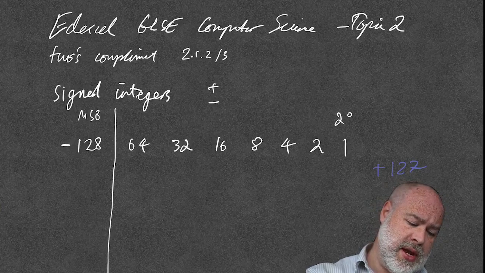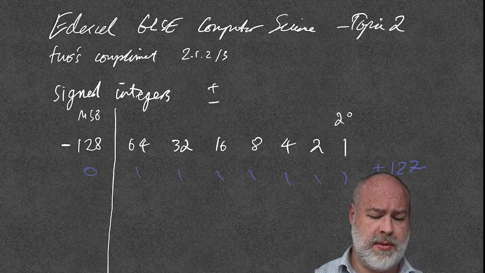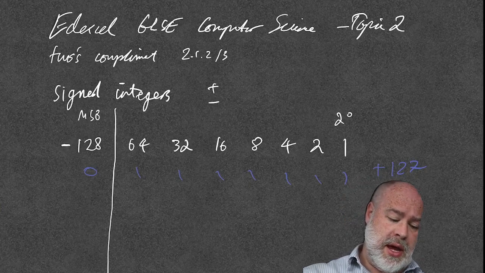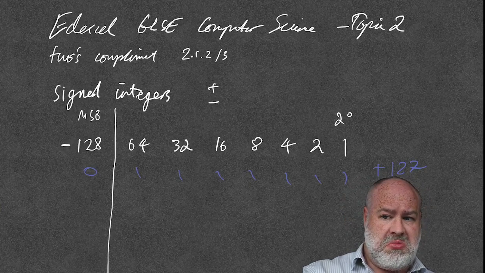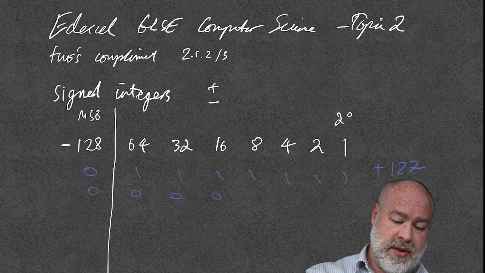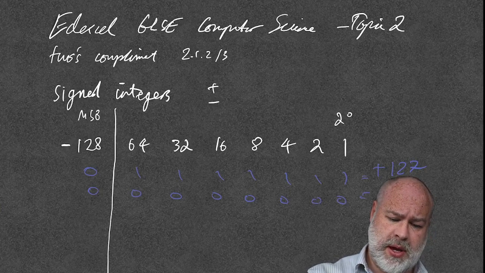So that would be nothing in this negative column, then 1, 1, 1, 1, 1, 1, 1. If we had all those numbers, we could have 127, a positive number. We could also have nothing. If we put 0 in everything, we've got 0.